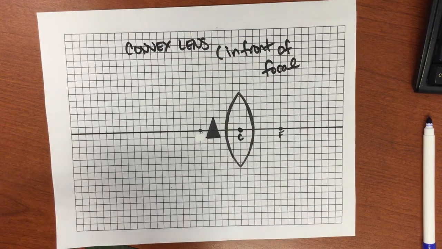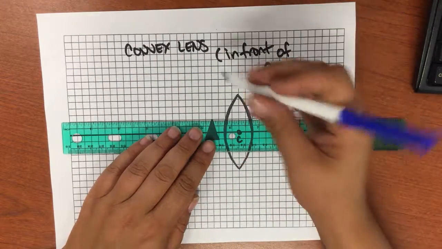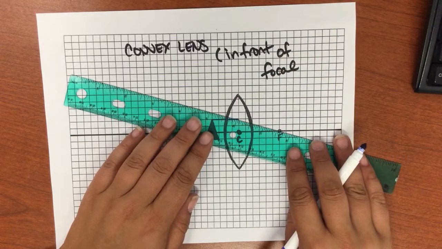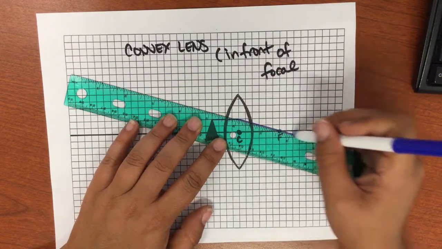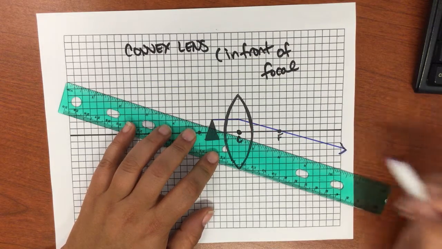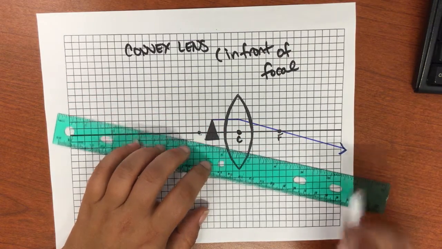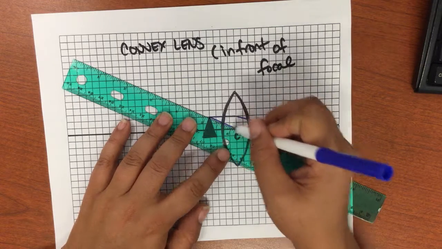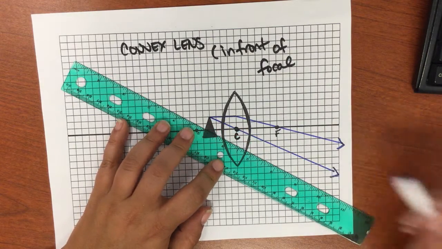Get my center. Light travels parallel, then to the focal point. Remember, it passes through the focal point because this time it's a lens, and then goes through the center.